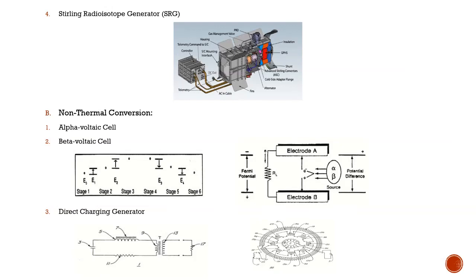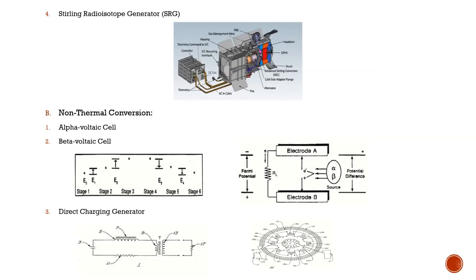Now we have direct charging generators. They mainly consist of a capacitor which is charged. All the charged particles from the radioactive layer are deposited on one of the electrodes, and it charges the capacitor, and then the electricity is generated.